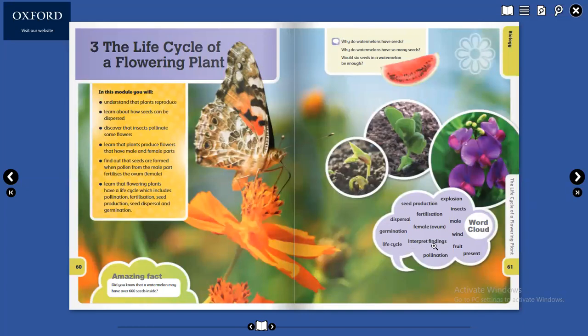Interpret findings. Life cycle. Okay. Fruit. Pollination. Present. Good. Okay.